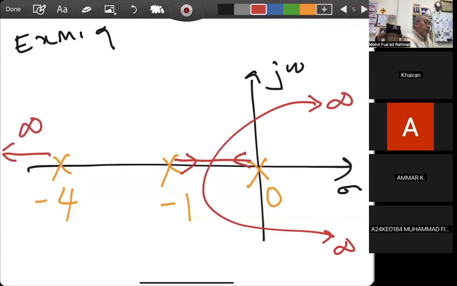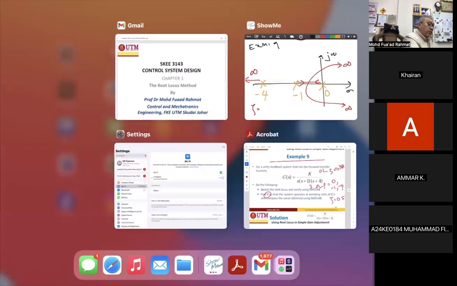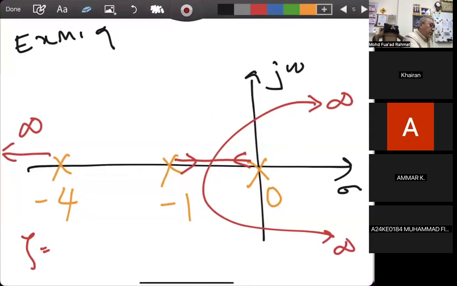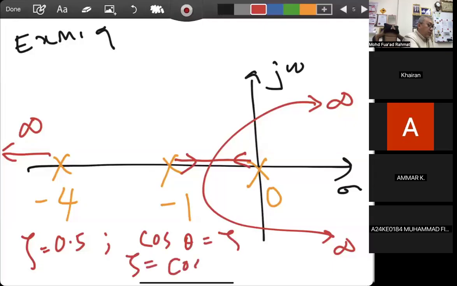Very straightforward. So what I'm trying to say is the zeta is equal to 0.5, guys. You must remember the formula cos theta equal to zeta.